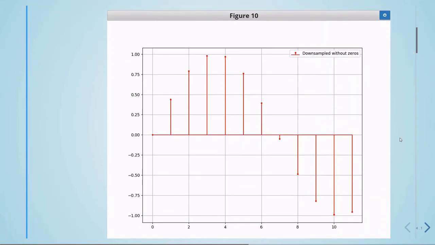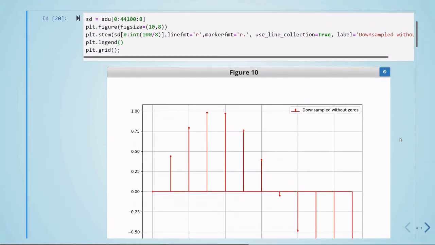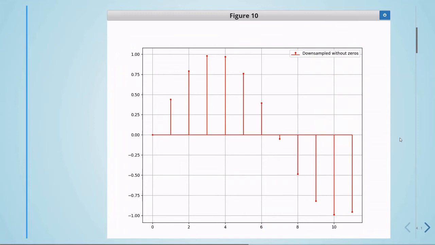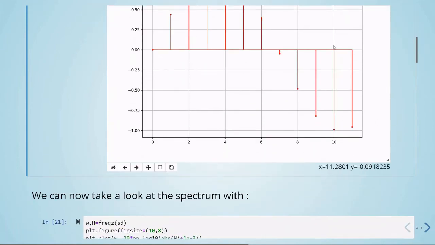This is the downsampled signal without the zeros, and we see that before we were plotting 100 samples, but now when we remove the zeros we are left with 12 samples, from n equals 0 until n equals 11.